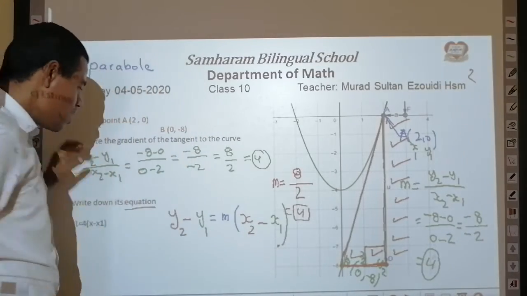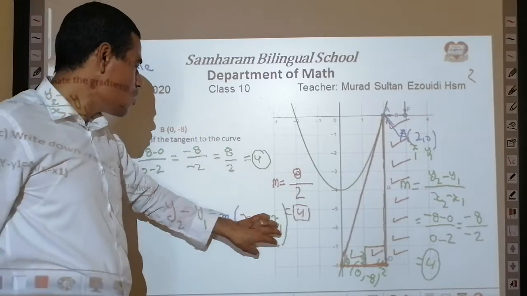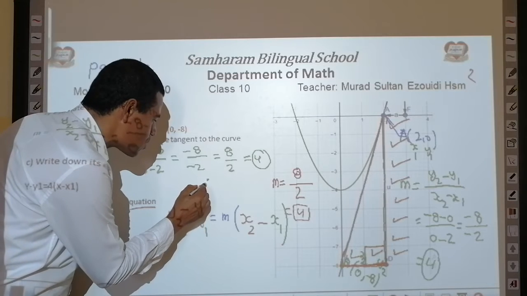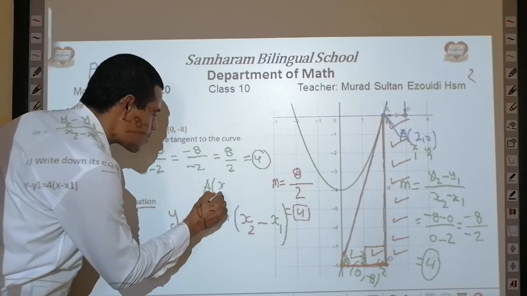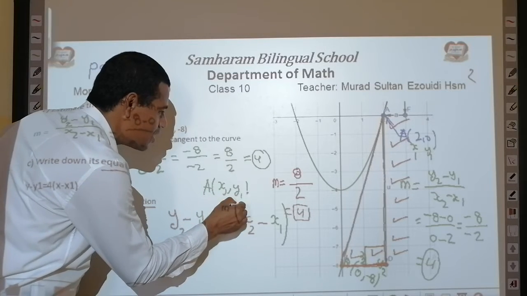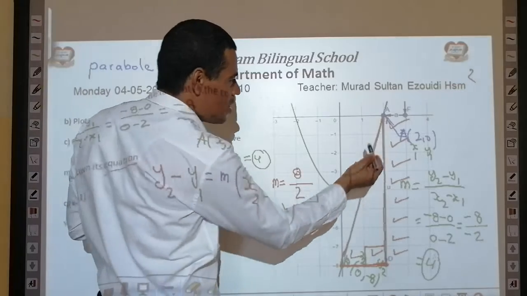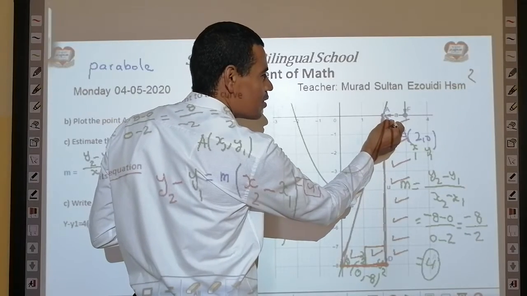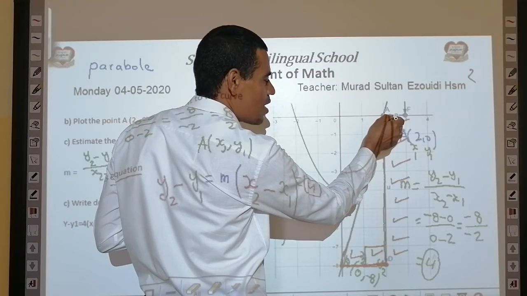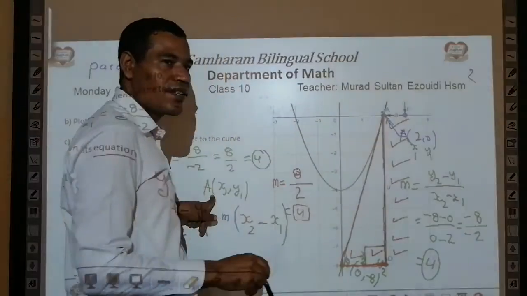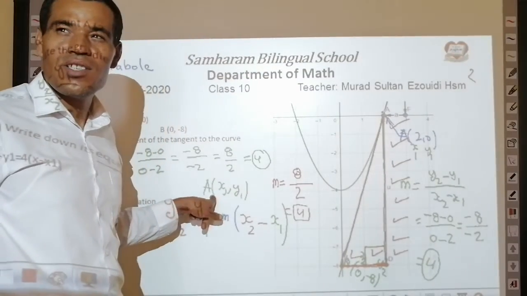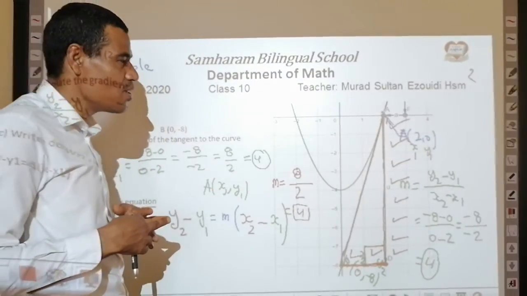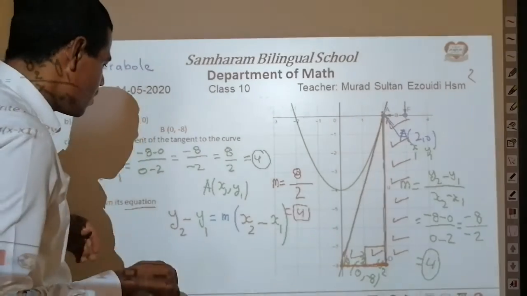The point of coordinates (x1, y1) is the point where the tangent touches the curve, the intersection between the tangent and the curve.